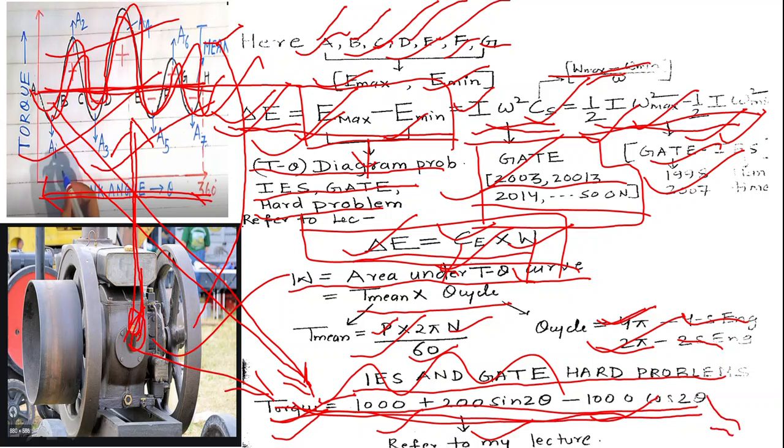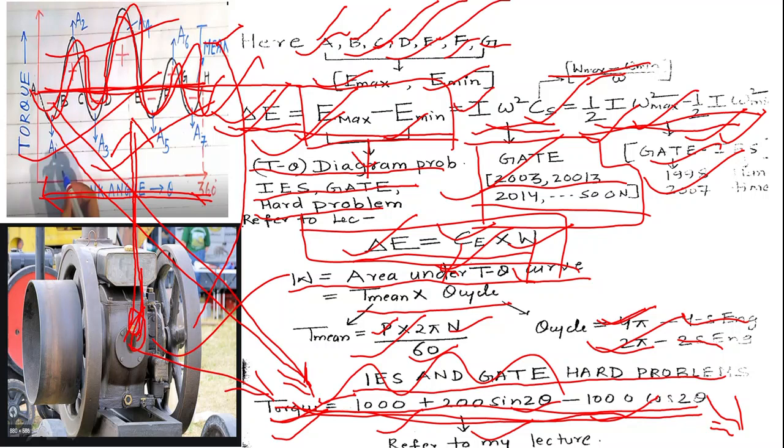For this you can refer to my lecture number 30 or 29, I am just forgetting right now. There you will find the problem based on the variation of torque, in equation form where the torque is given in terms of theta. You can find the whole problem which was asked in IES 2003 regarding this.